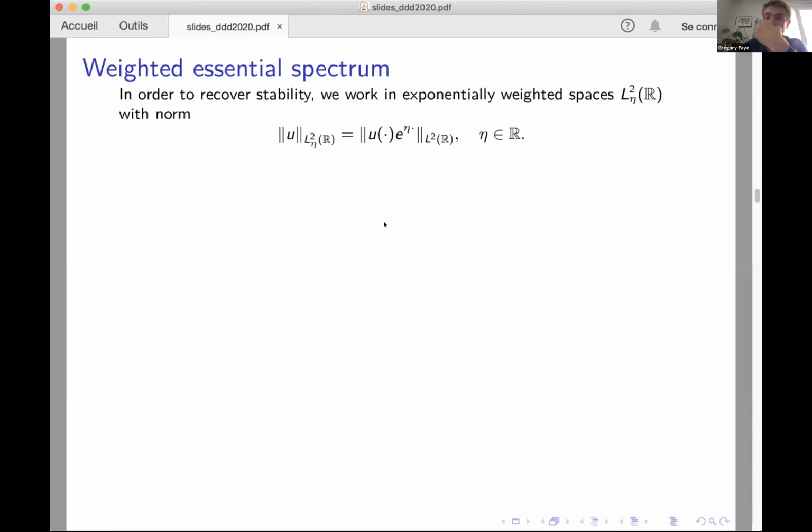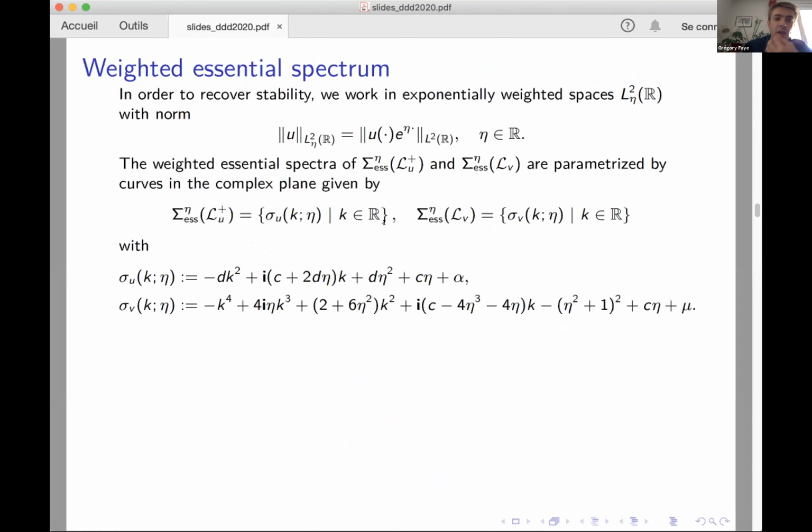Well, what we do as usual to recover stability is work in different functional spaces. Instead of working in L2, we work in L2 with some weight, hoping that the weight will allow a larger class of functions so that we'll recover stability.